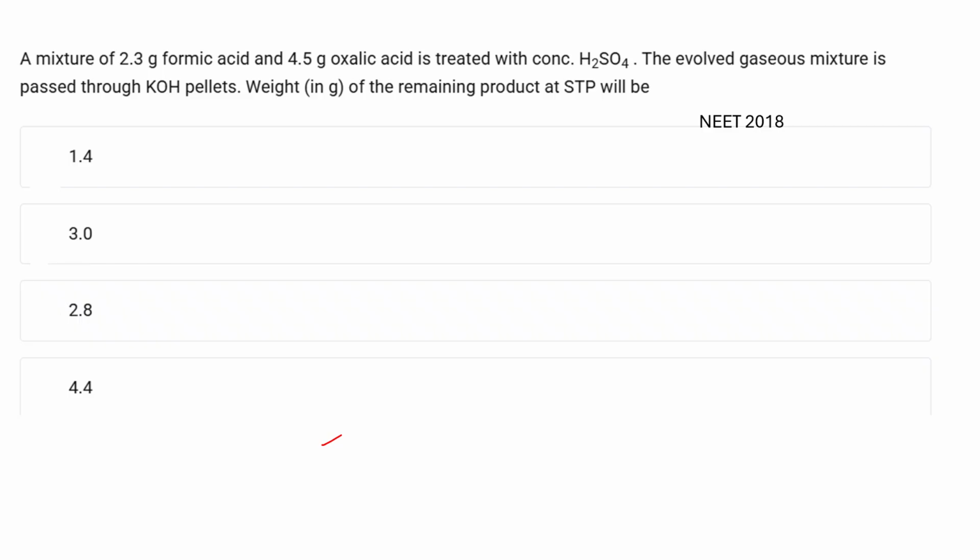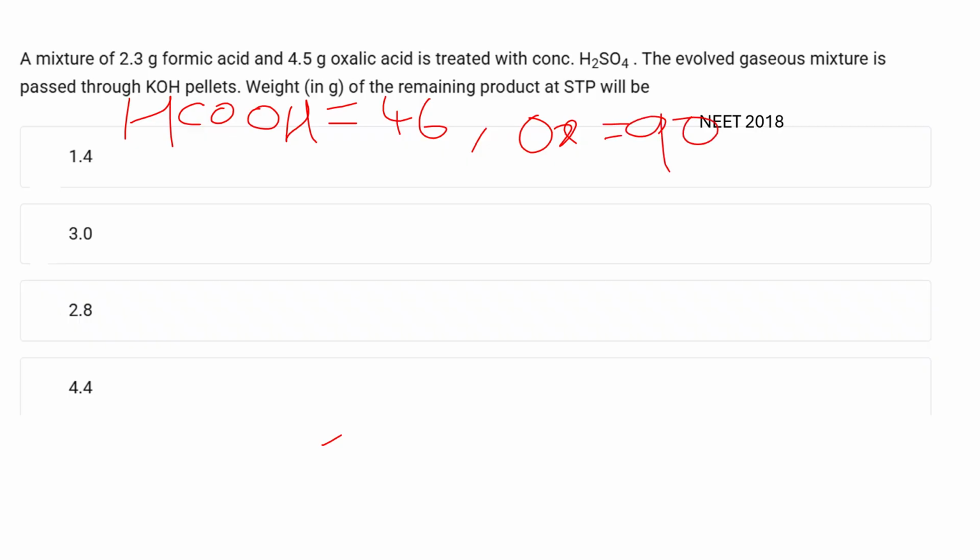First of all, formic acid HCOOH has a molar mass of 46. The molar mass of oxalic acid is 90. The number of moles of formic acid is 2.3 divided by 46, because given weight divided by molecular weight gives the number of moles.